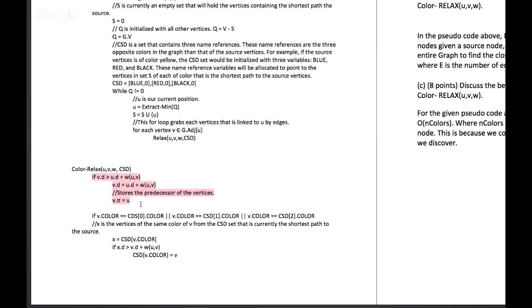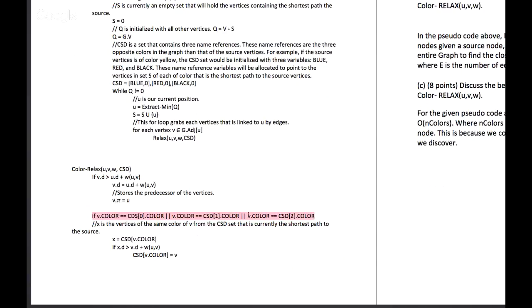So then we store the predecessor, and now we get into the new part of the algorithm. So we say if v.color equals one of the opposite colors, the different colors of the single source vertex.